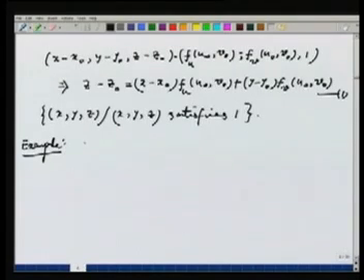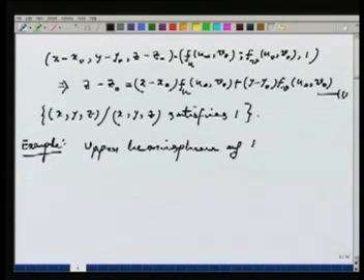Suppose I take the upper hemisphere of the sphere x square plus y square plus z square equals 1. Okay.